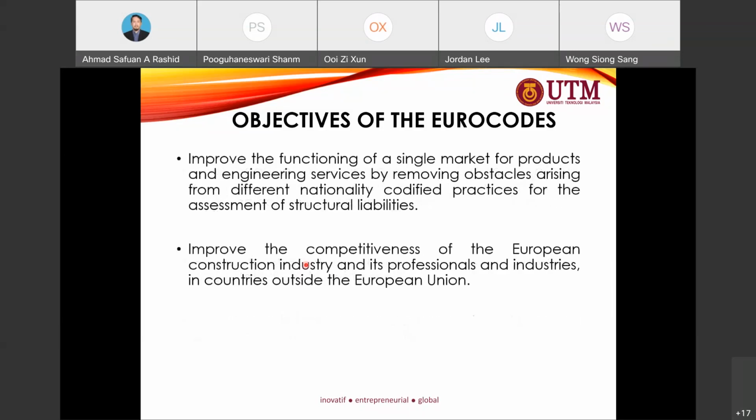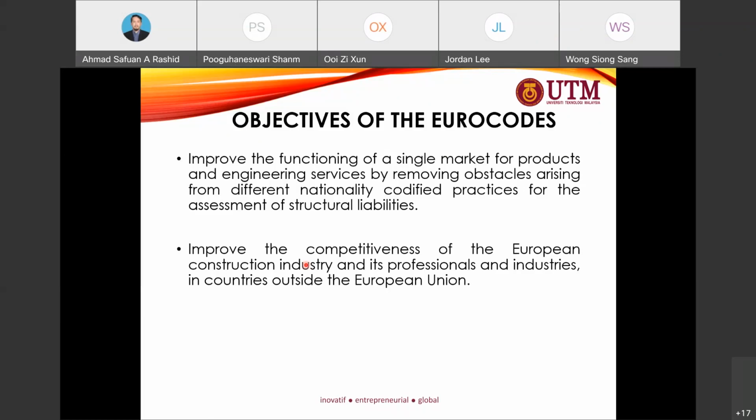The Eurocodes also improve the functioning of a single market for products and engineering services by removing obstacles arising from different national codified practices for the assessment of structural reliability, and improve the competitiveness of the European construction industry and its professionals in countries outside the European Union. The UK was previously a member of the EU, and Malaysia just followed the UK.